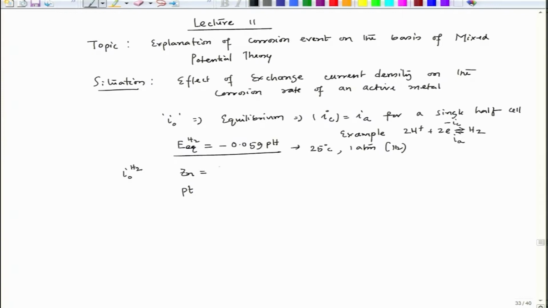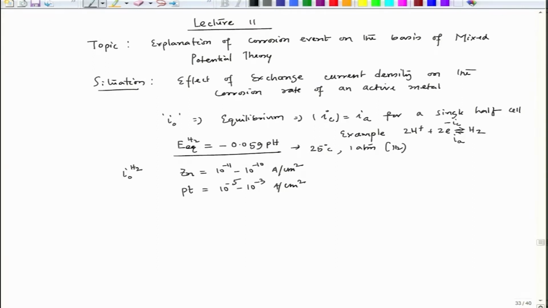Generally, here the value is around 10 to the power minus 11 to 10 to the power minus 10 ampere per centimeter square, and here it is 10 to the power minus 4 to 10 to the power minus 3 ampere per centimeter square. Or maybe it might go to minus 5 level.